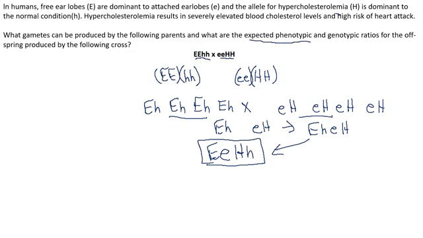What's the phenotype going to be here? Of course, all of them, so that ratio is going to be 1, basically 100%. They're going to have free earlobes, and they're going to have hypercholesterolemia.